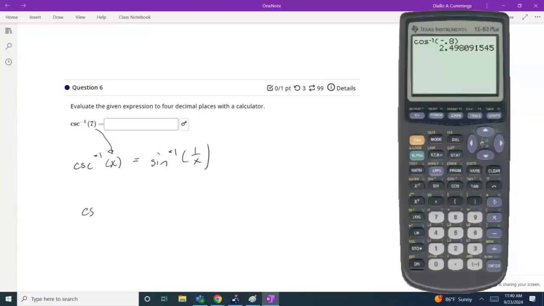That means the arc cosecant of 7 should equal the arc sine of 1 over 7. We have to reciprocate the argument for the inverse of cosecant.